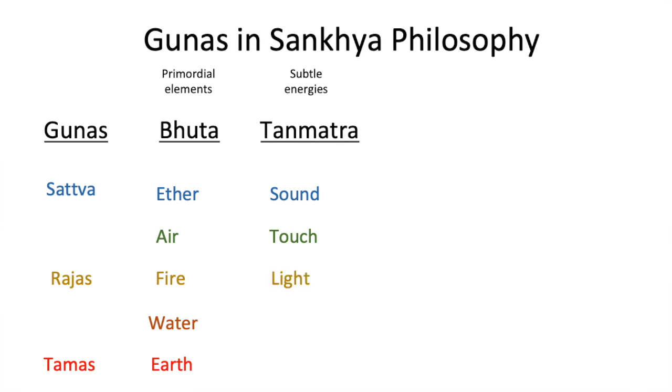The rajasic element of the tanmatras is light. Light is very quick-changing, flickering. Watching TV, you get all those flashes of light, all those flashes of coloring. It could be very unsettling because there's so much motion in that energy. And then water maps to taste in the tanmatras, because you need water to get taste. And the last one is smell. Smell is our retentive element.